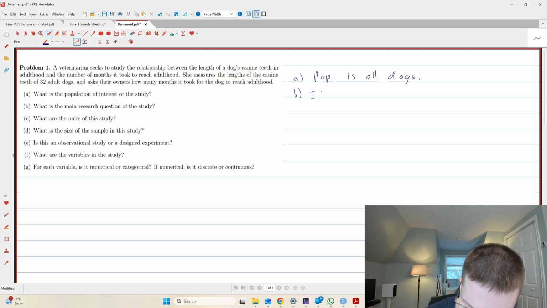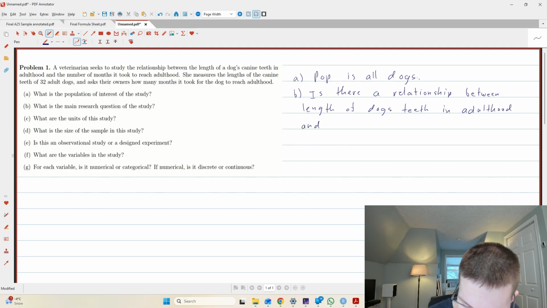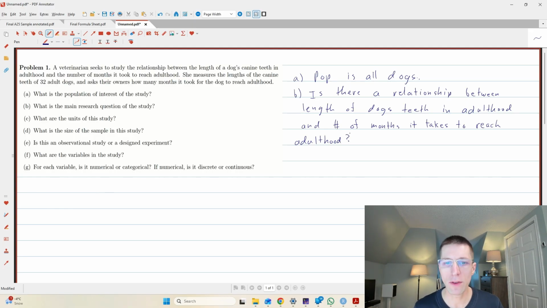Is there a relationship between the length of dogs' teeth in adulthood and the number of months it takes to reach adulthood? Okay, so that's the main research question.